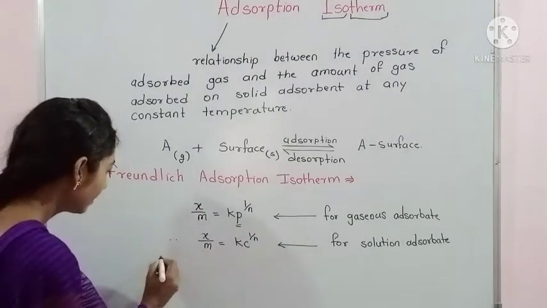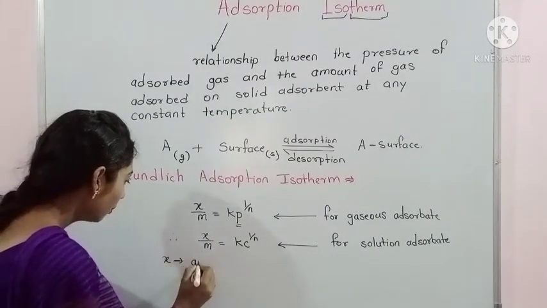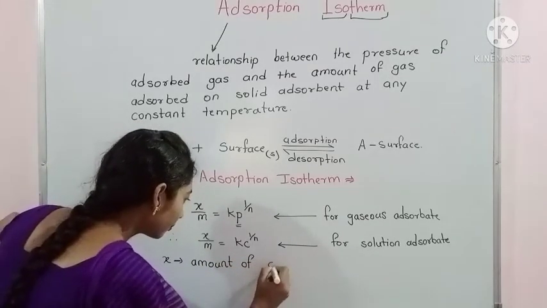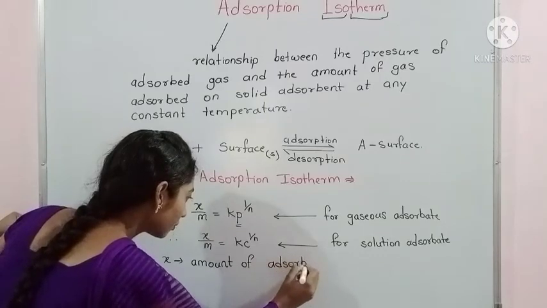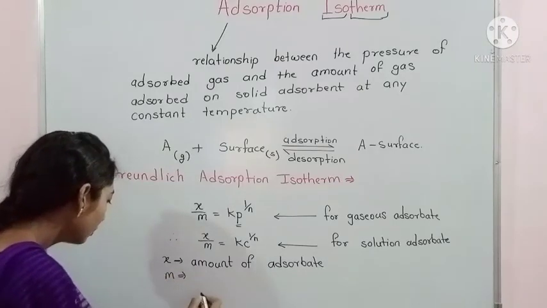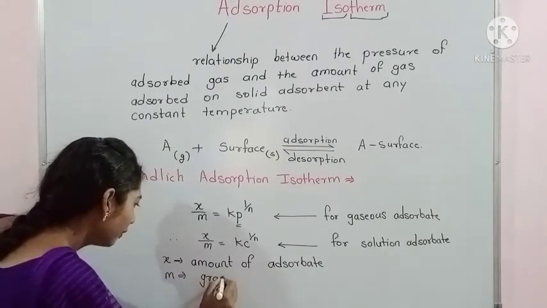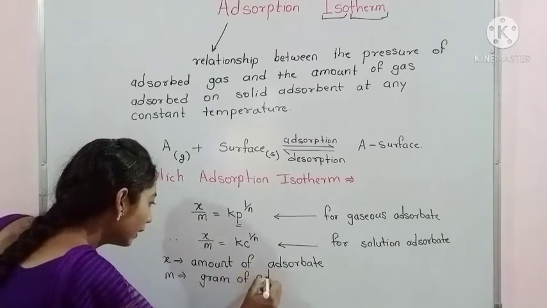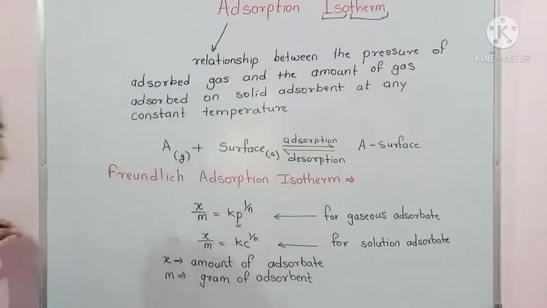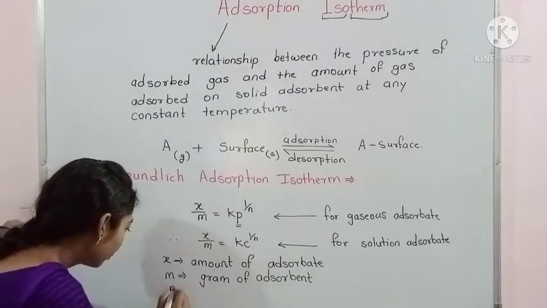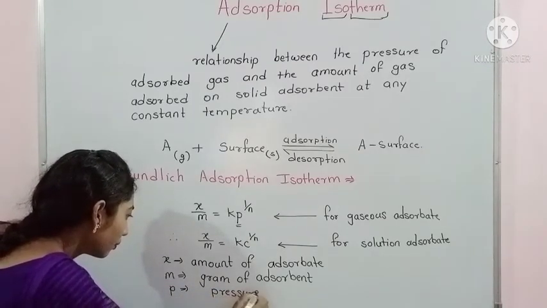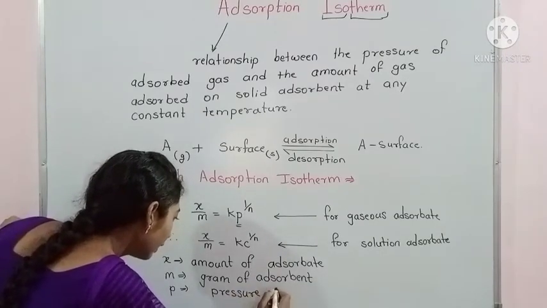where x is the amount of adsorbate and m is the weight of adsorbent, in grams. P is the pressure at equilibrium.